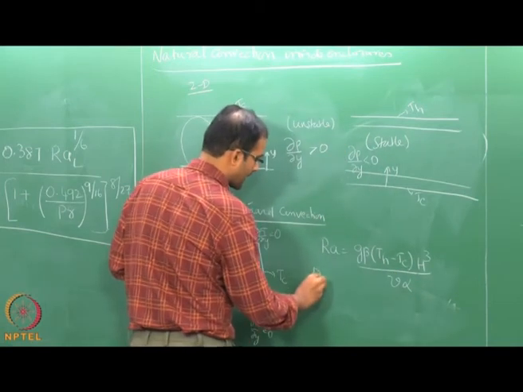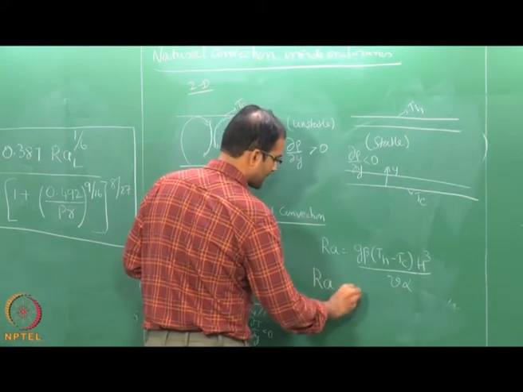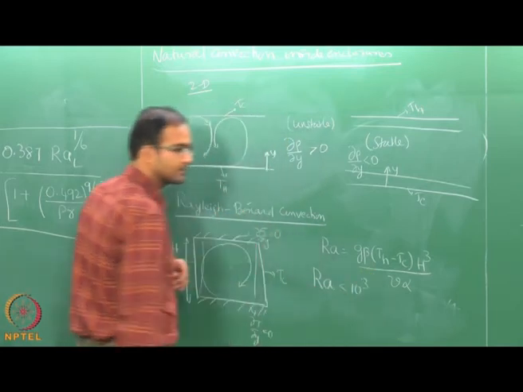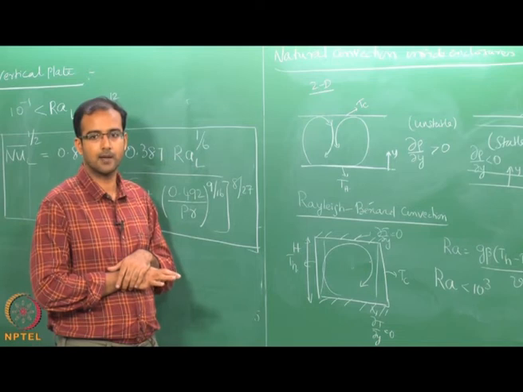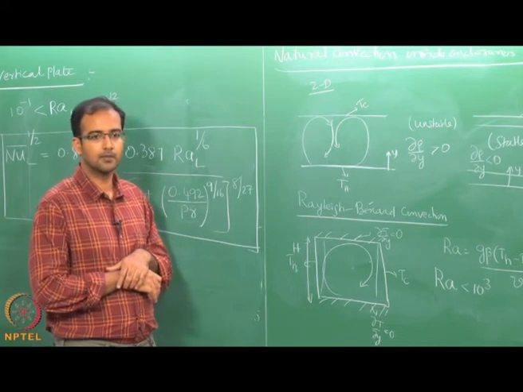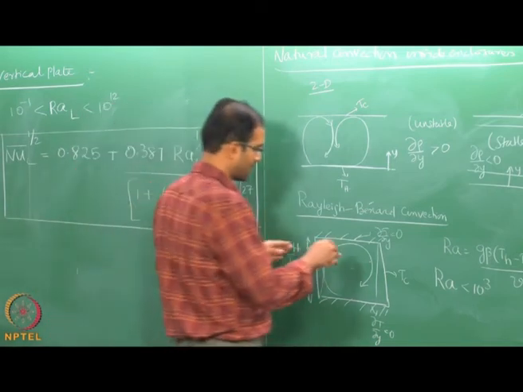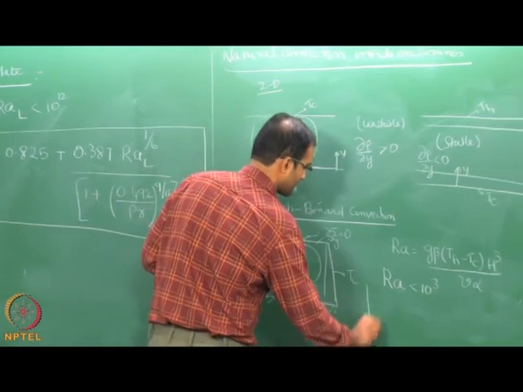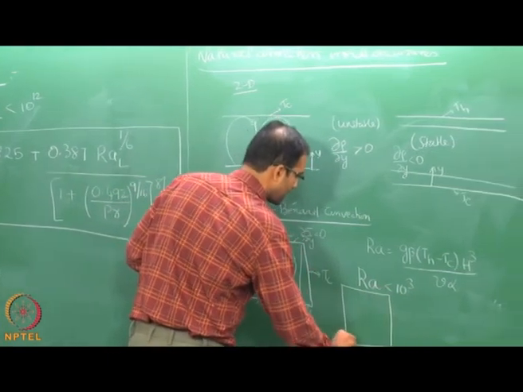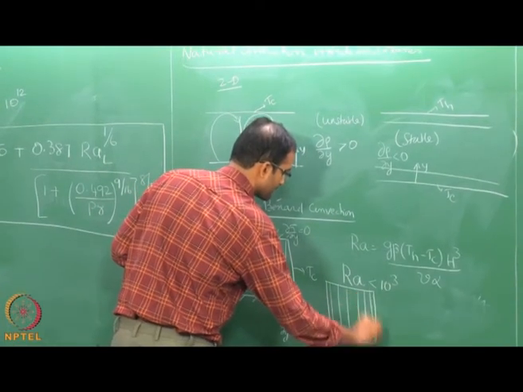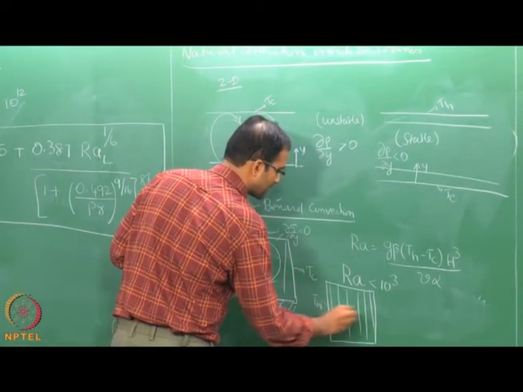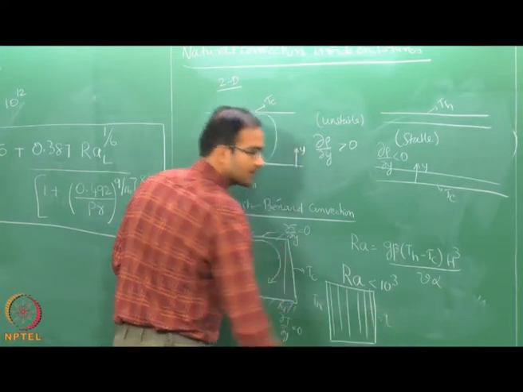So, for small Rayleigh numbers, less than say 10 power 3, the temperature difference will be too small to produce a convection pattern. So, it will be only conduction which happens. Therefore, when you look at the isotherms, you will find that there will be simply a linear variation from the hot temperature to the cold temperature.